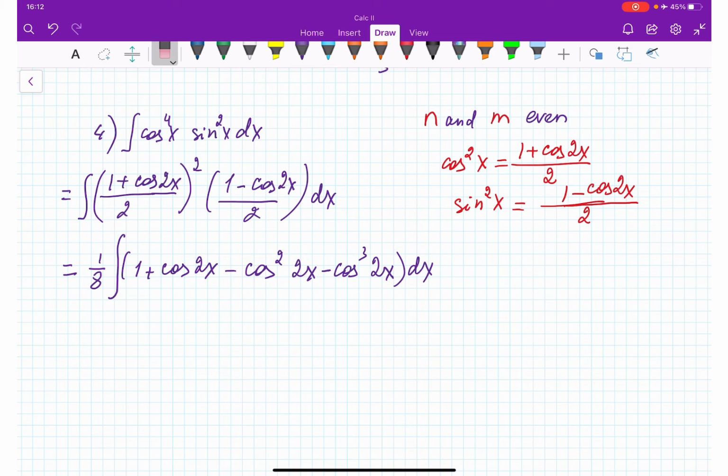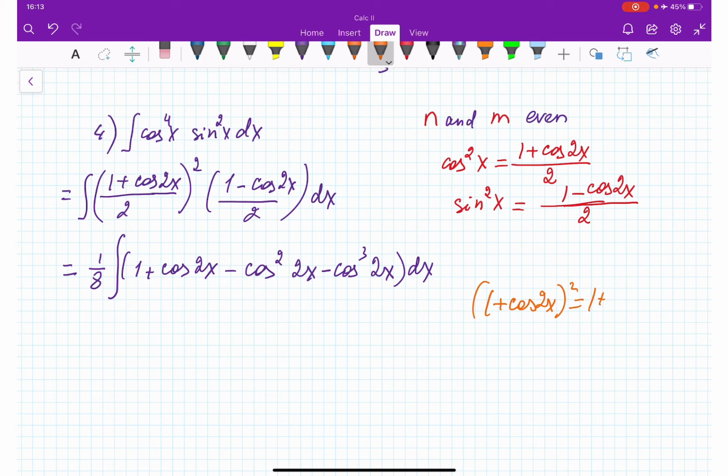So just in case if anybody is wondering where from is 1/8 and why not it's 1/4, very simple explanation. These 2 we raise to power 2, right? We get 4, and then 4 times 2 is 8. Very simple case. Okay, and this polynomial of cosine I get doing this 1 plus cosine 2x squared, right?